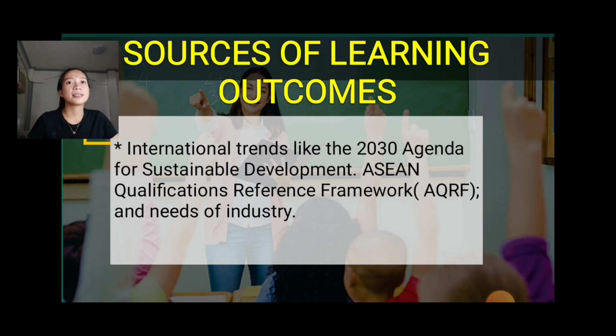These trends highlight the need for the education and training sector to align with the changing needs of the economy and society, and to ensure that graduates are equipped with the necessary skills and competencies to succeed in the future.